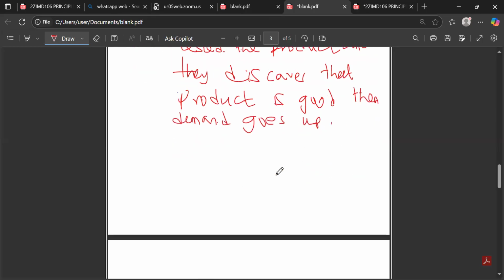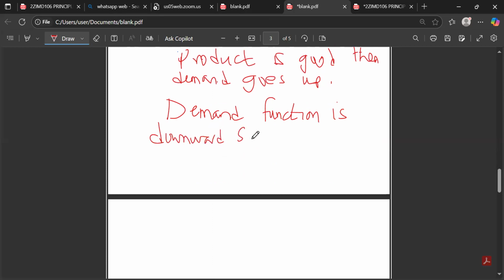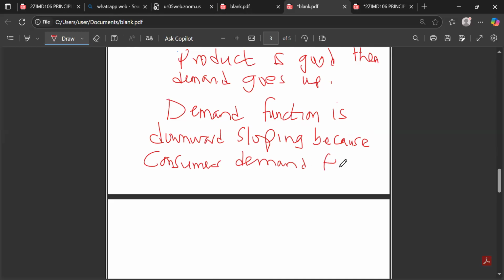Okay. So now the demand function is downward sloping, because consumers demand few units at high price.